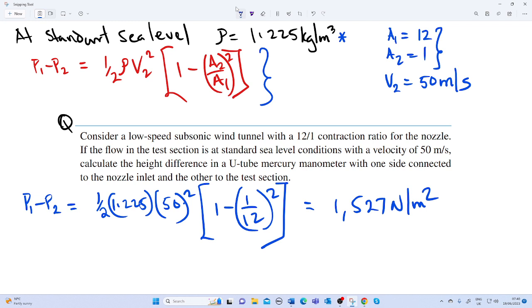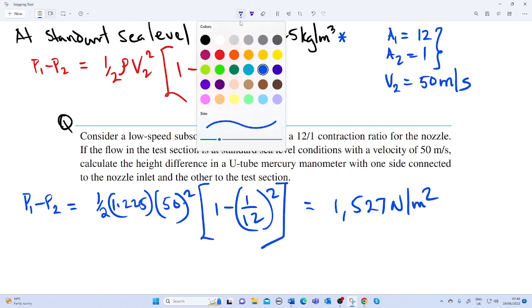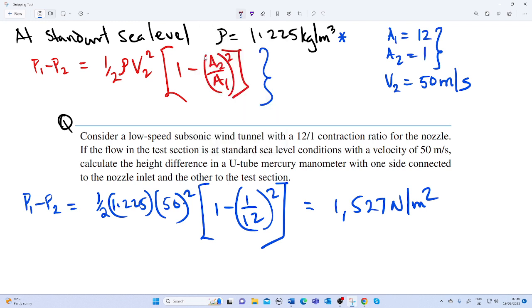Now from here we can deduce that the variation of pressure, which is P1 minus P2, equals the weight multiplied by the variation of the height of the mercury.